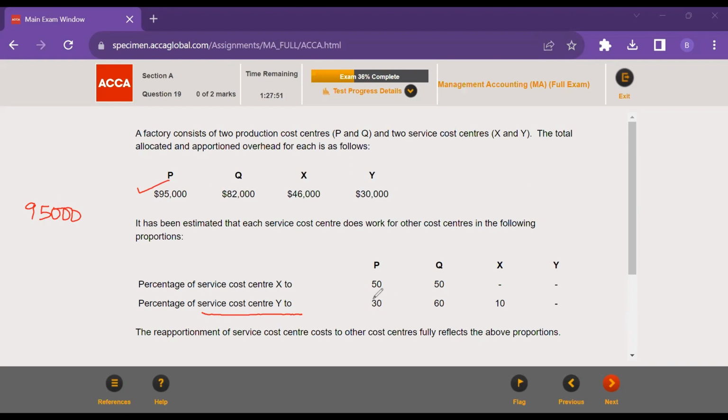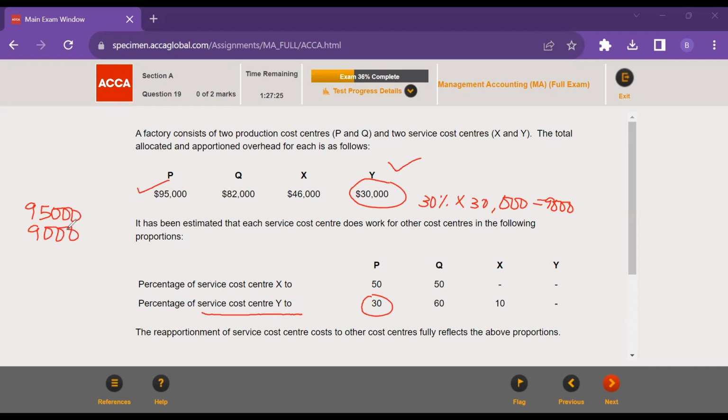So we will be taking 30% of our 30,000 because that is the amount it is allocating to Y. So I will add over here 30% of 30,000, which comes out to be 9,000. So I will be adding $9,000 to my already allocated costs.